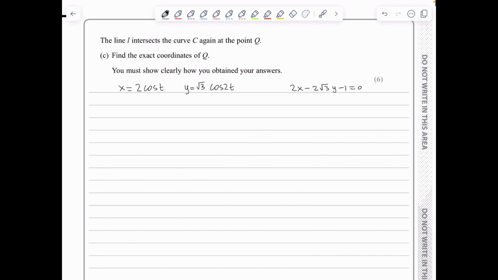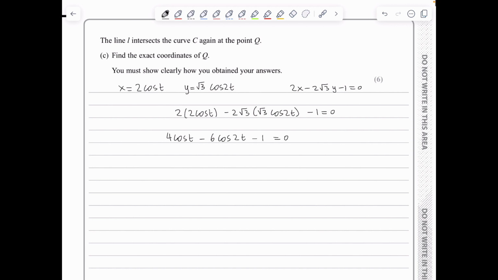So this leads to 2 times 2 cos t minus 2 root 3 times root 3 cos 2t minus 1 is 0.